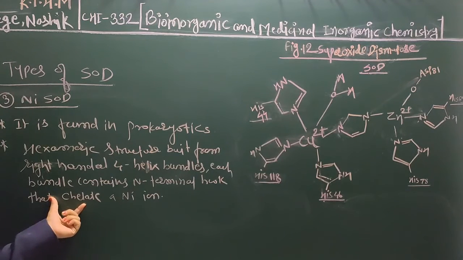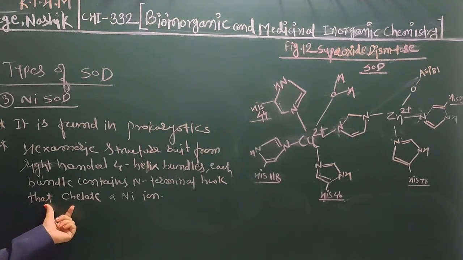So in this superoxide dismutase, nickel ion is present in the chelate and in the N-terminal hook of the chelate ring. Now the next one, that is the motifs contained in this nickel superoxide dismutase.